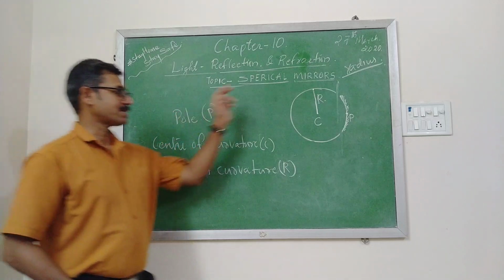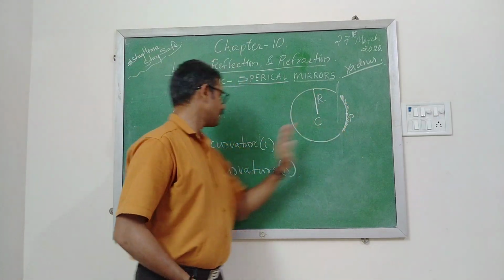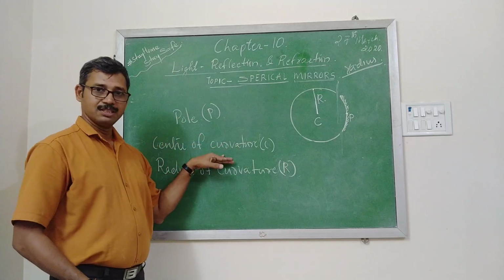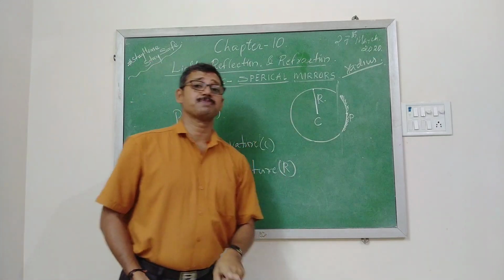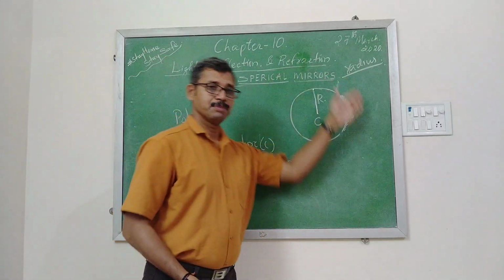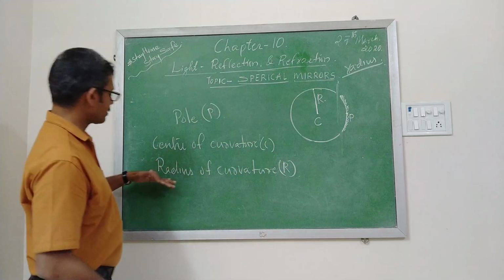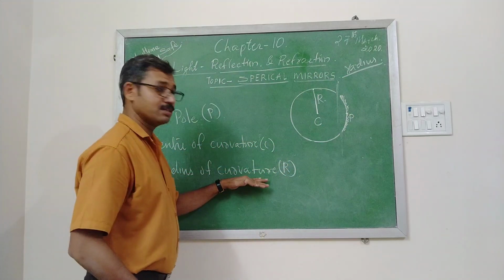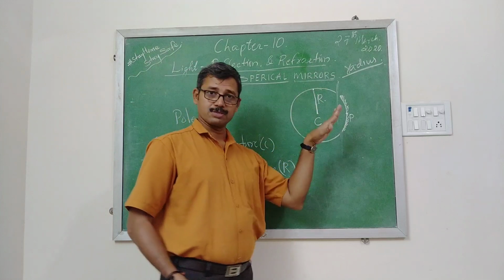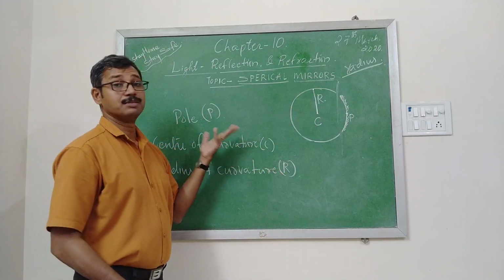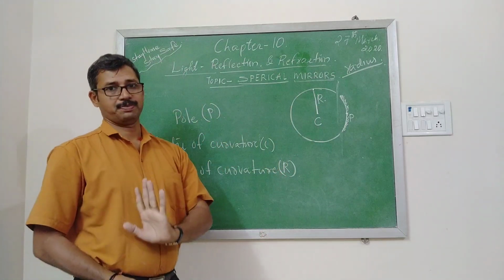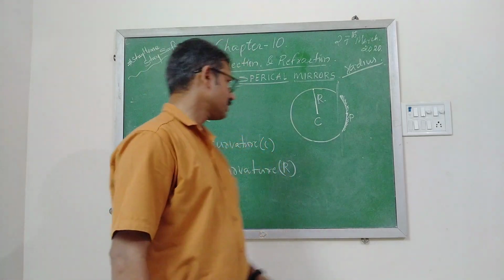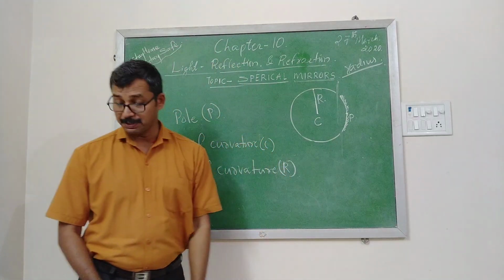Pole is the center of the spherical mirror. Next is the center of curvature, which is the center of the sphere of which the mirror is a part. And the next is the radius of curvature, that is the radius of the sphere of which the mirror is a part. Now the other important term is the principal axis.